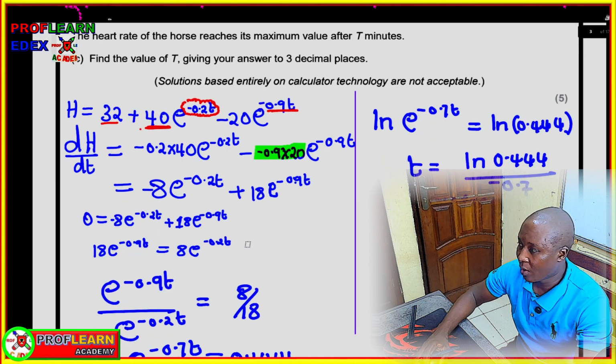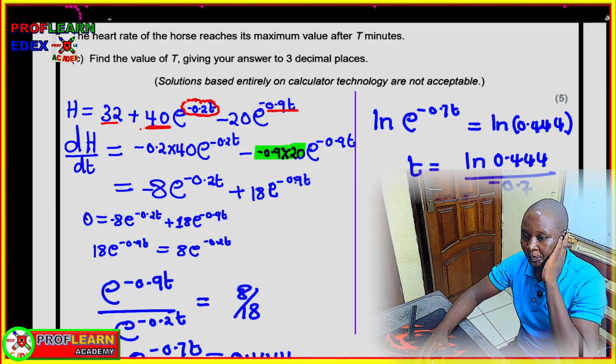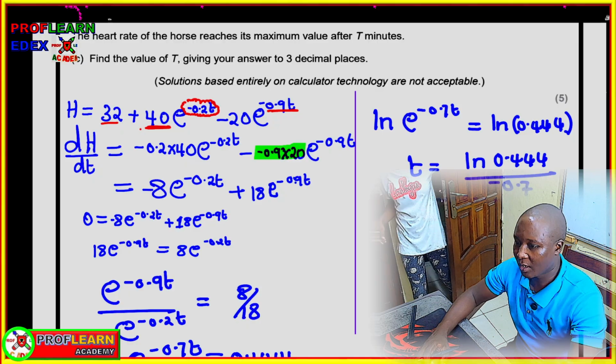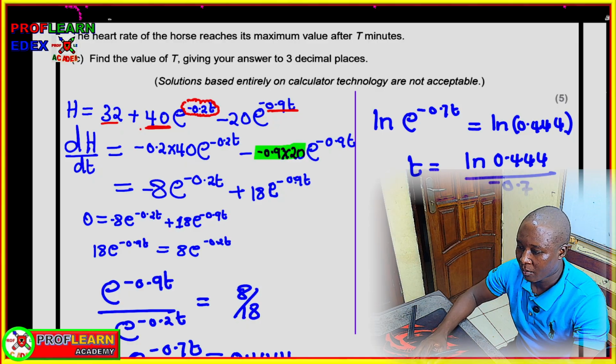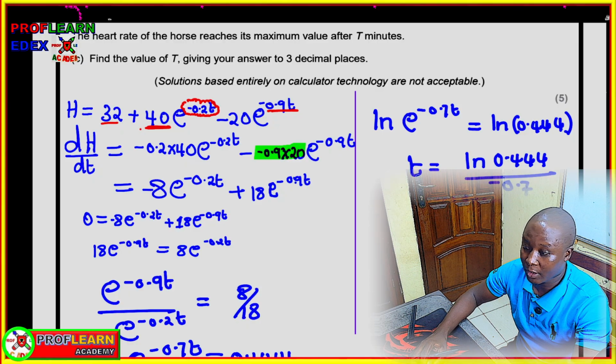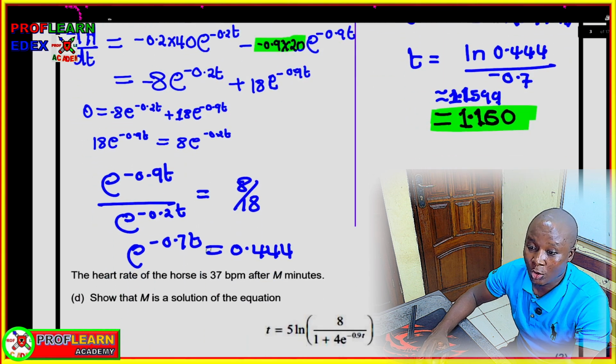Now, once you have that particular expression, you are going to equate everything equals to 0. You are going to equate that expression equals to 0 so that you can go ahead and solve.